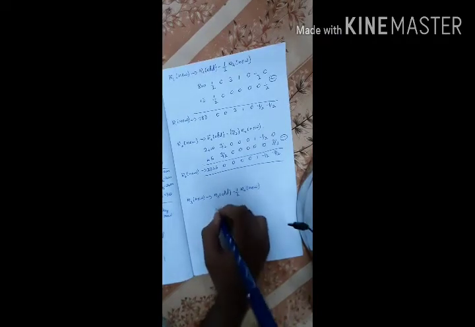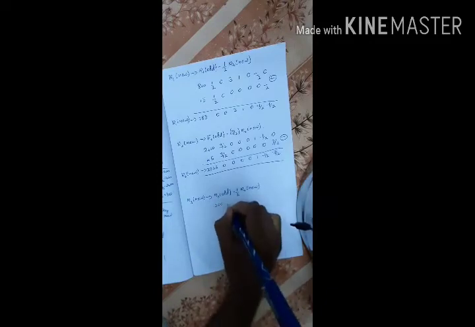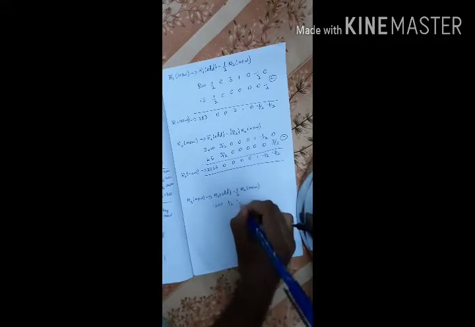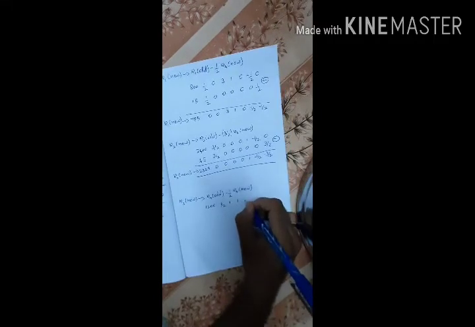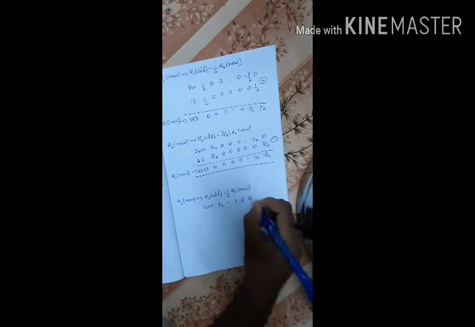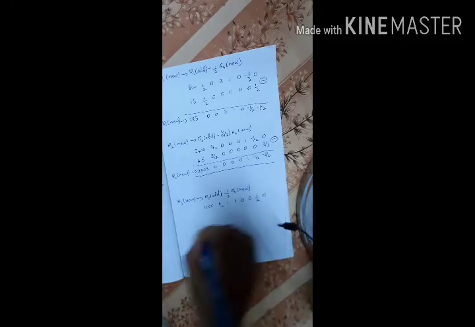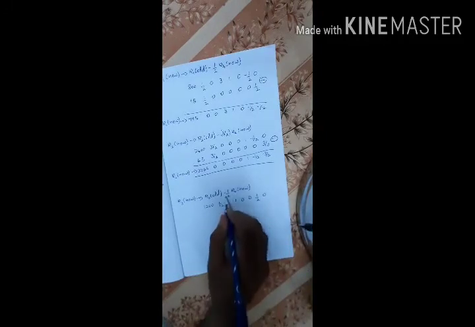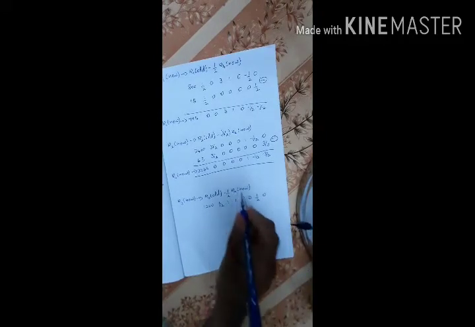It is 1200, 1 by 2, 1, 1, 0, 0, 1 by 2, 0. Okay, next, what is 1 by 2 R4?